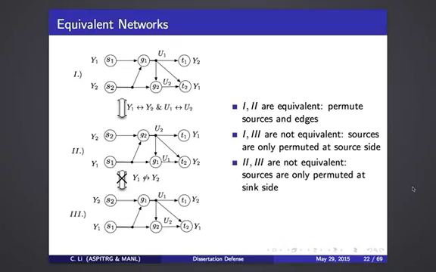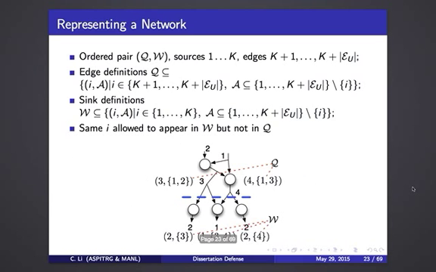So we would like to formalize the network equivalence class using group actions. First, we would like to introduce the representation of a network. A network is represented as an ordered pair of Q and W. Each is a collection of ordered pairs again that I will define soon.